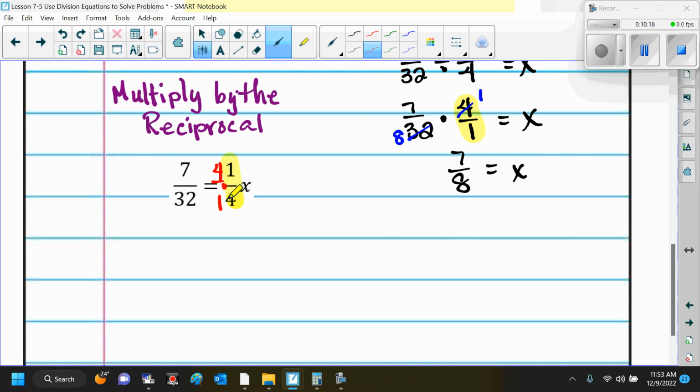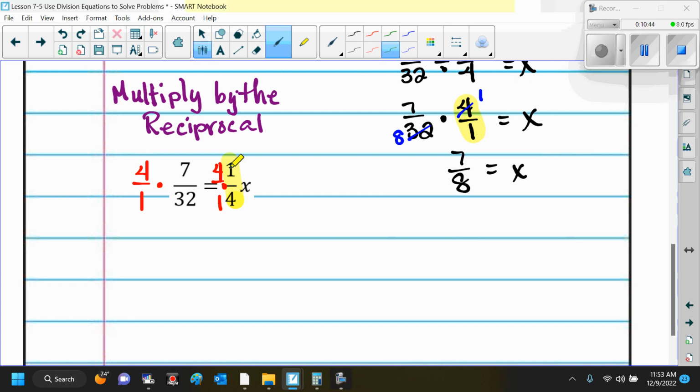So we're multiplying by the reciprocal of what is in front of the variable. So if I multiply times 4/1 on this side, what do I have to do on the other side? Right, multiply times 4/1.